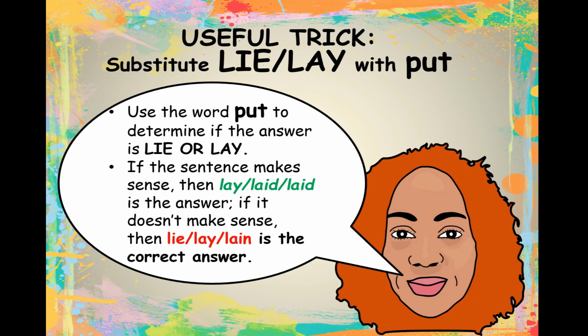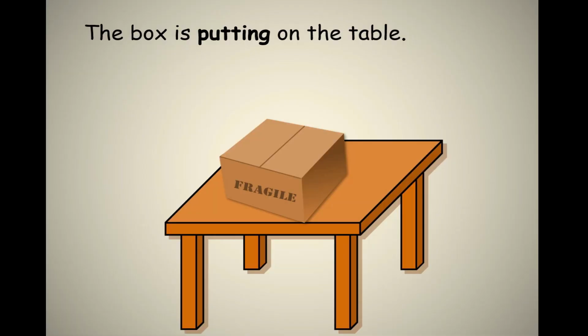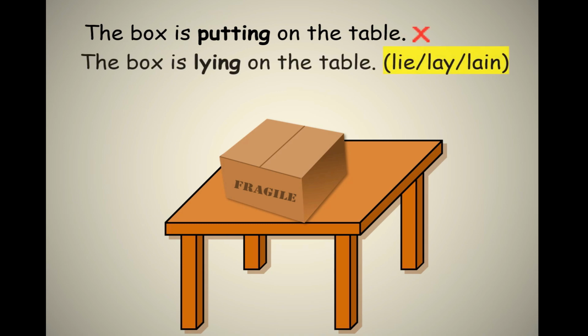For example, let's go back to the sentences that we've done previously. Let's apply this trick to those sentences to see if this method actually works. The box is putting on the table. Does this sentence make sense? Of course it doesn't. Therefore, the answer that we previously had, the box is lying on the table, is correct.